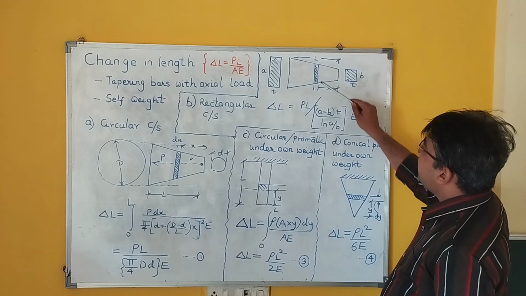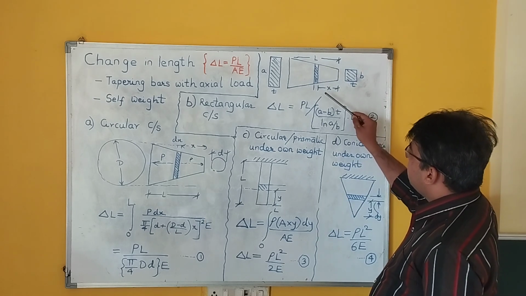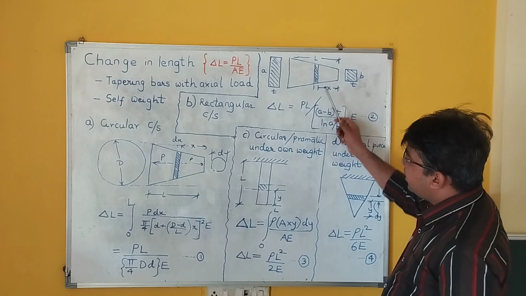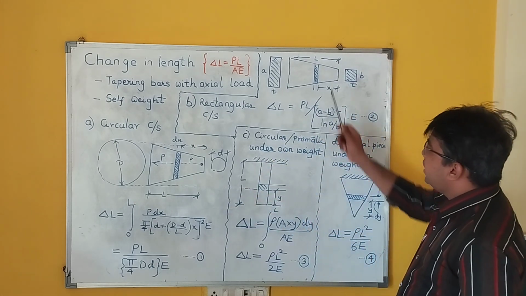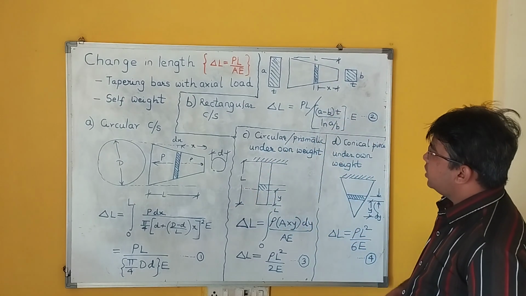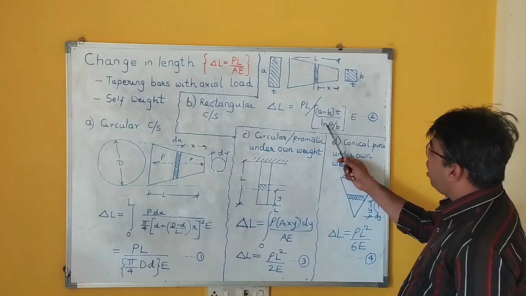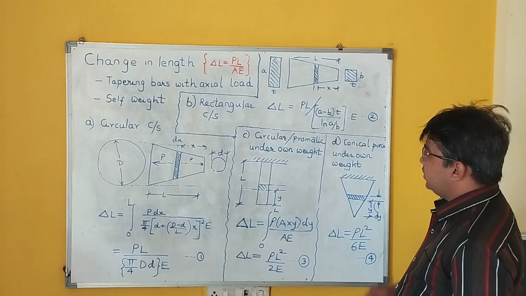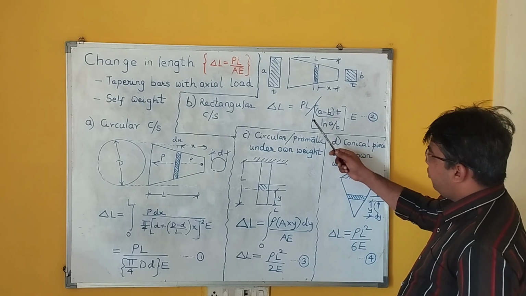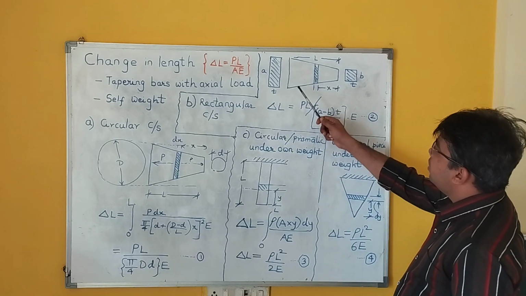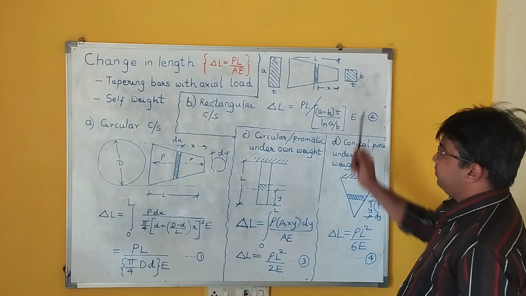Then I take the element at a distance x, the width of the element is dx, and apply the same logic. And then I get the elongation as PL by (A minus B) into t upon log A by B into E. So this is the formula for elongation of a rectangular tapering bar.